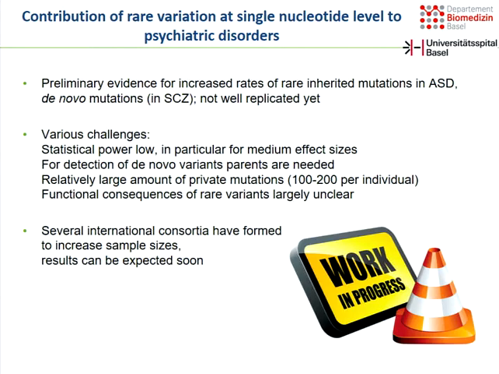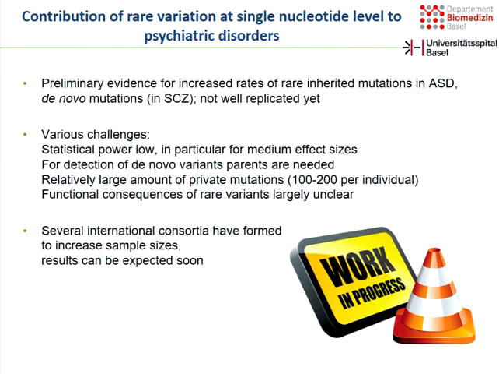There are various challenges when we look at rare variants. Statistical power is low. So we need even bigger sample sizes for the investigation of rare variants than for common variants. And for common variants, you have seen what sample sizes we need to be successful. It depends on the genetic effect size.